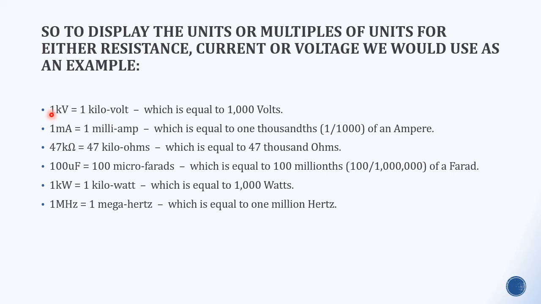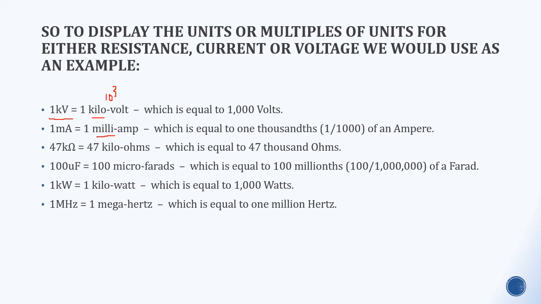Okay, let's see some examples. Here 1 kV, which is equal to, since kilo means 10 to the power 3, that means 1000 volts. So we can write 1000 volts as 1 kV. Then 1 milliampere.